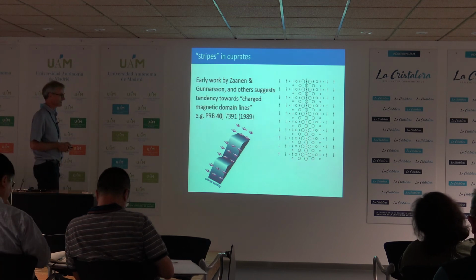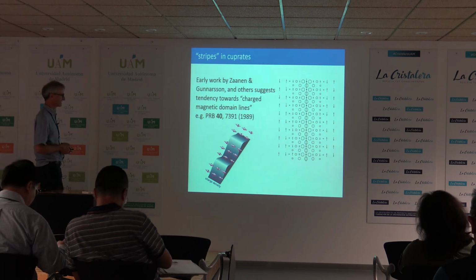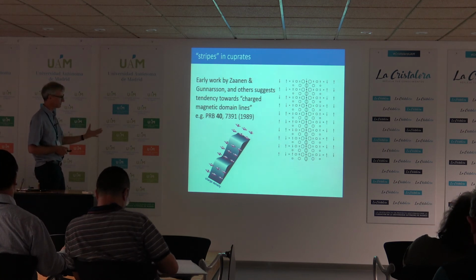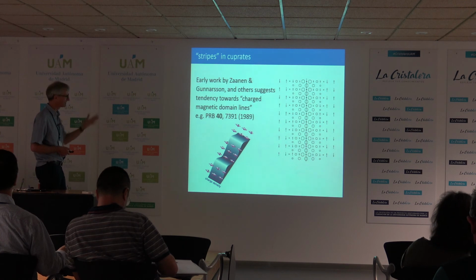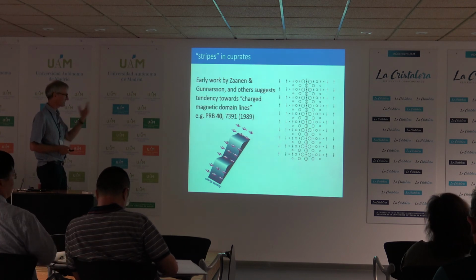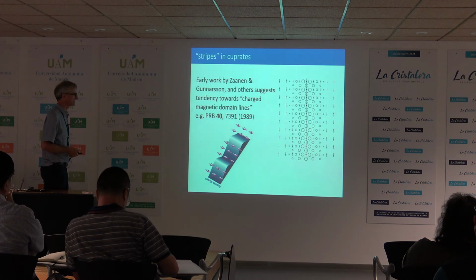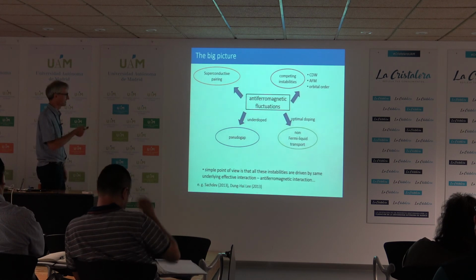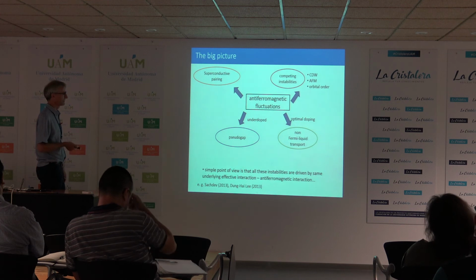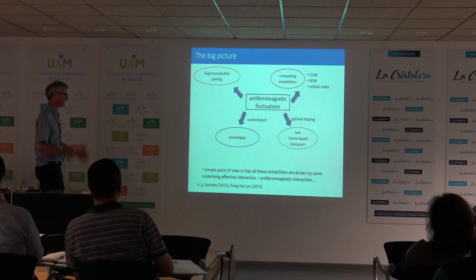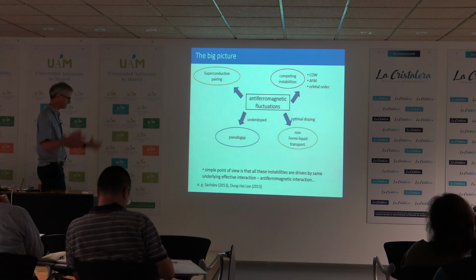If we go back to the early 80s, even before the great paper from John Tranquada, Zaanen and Gunnarsson were predicting charge stripes. As Bernhard said, I've picked up the same things from the same sorts of papers.